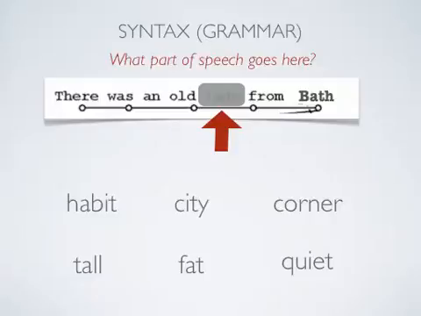Therefore, the only 3 words in this list of 6 that would make the entire thing syntactically correct are the nouns. There was an old habit from Bath, there was an old city from Bath, and there was an old corner from Bath. These are all syntactically correct sentences.